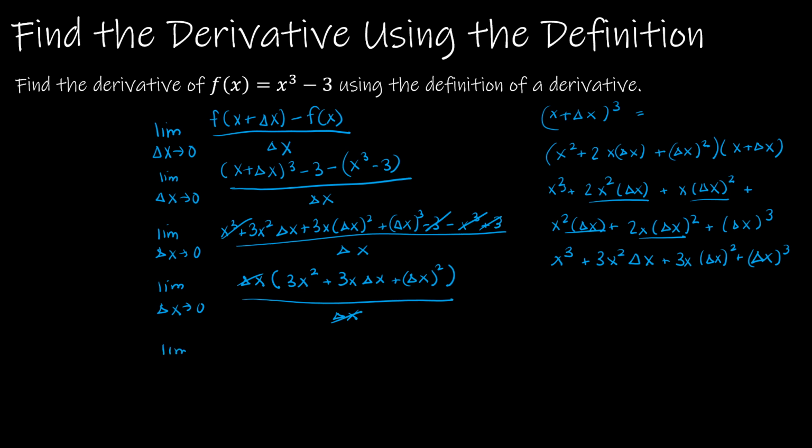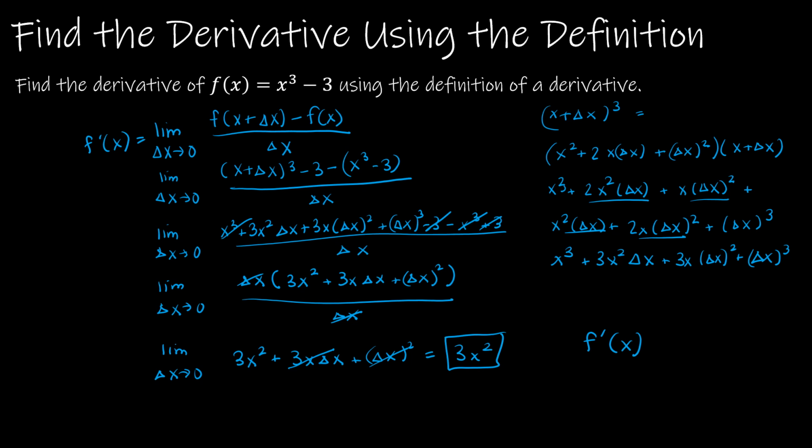And now I'm finding the limit as delta x approaches 0 of 3x squared plus 3x delta x plus delta x squared. Well, as delta x approaches 0, these two are going to both become 0. So that gives me 3x squared. That is the derivative function. So f prime of x is equal to 3x squared.